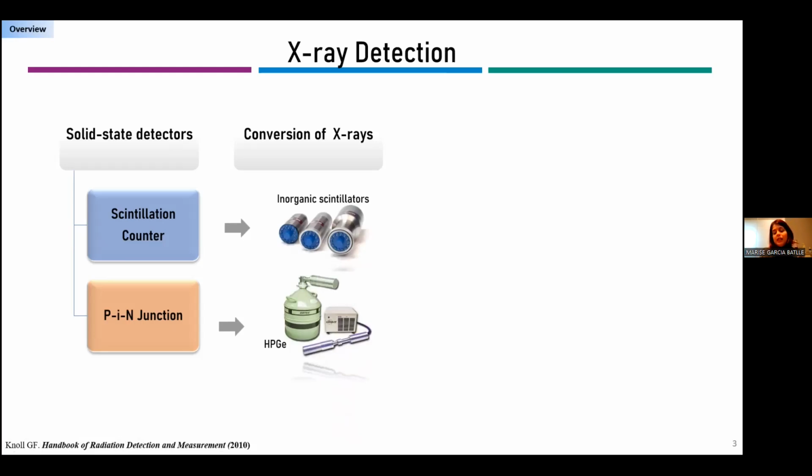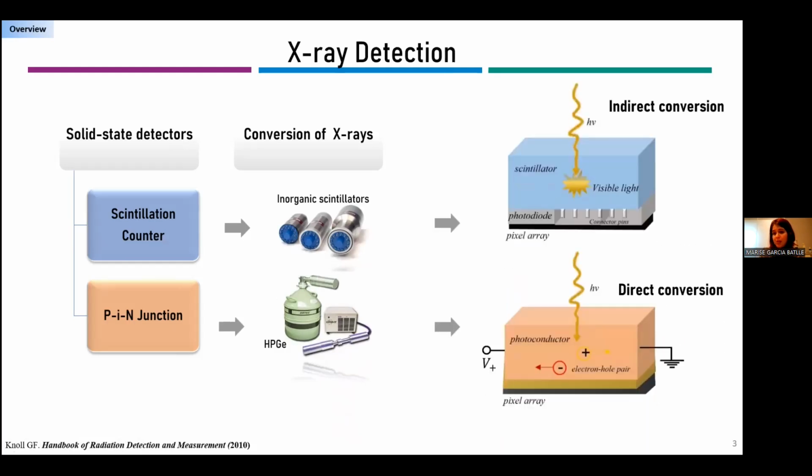The standard one is the inorganic scintillator, which uses the indirect conversion process. In this process, the X-ray comes to the material and is first converted to visible light, and then the visible light is converted into an electrical signal.